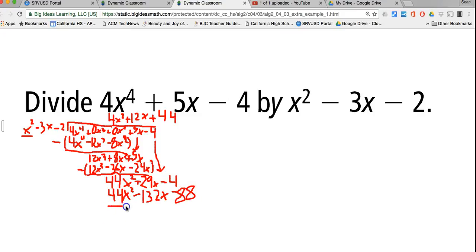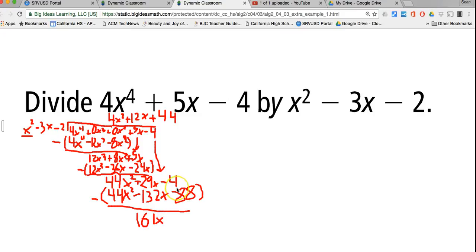Now, we need to go ahead and subtract this. So again, remember, put your parentheses here so you remember it's subtracting. 44x squared minus 44x squared is 0. 29x minus negative 132x is going to be plus, so 29 plus 132 is 161x.